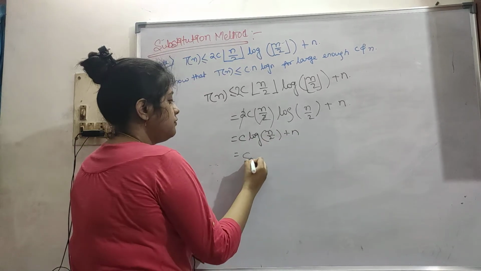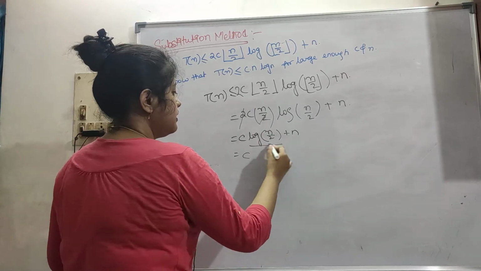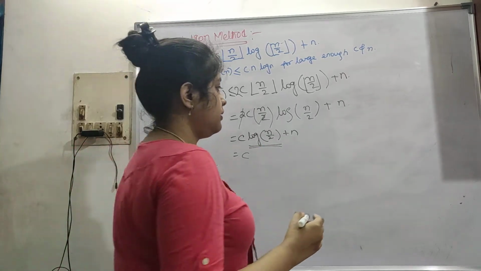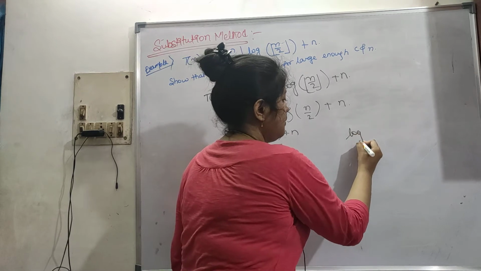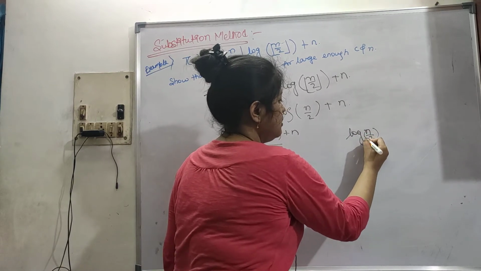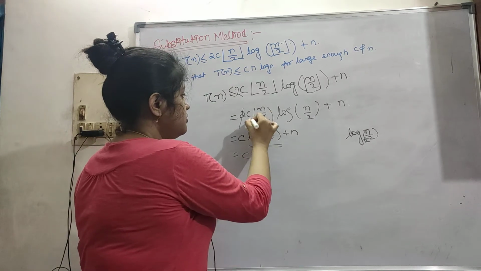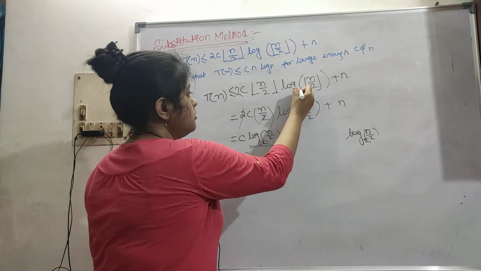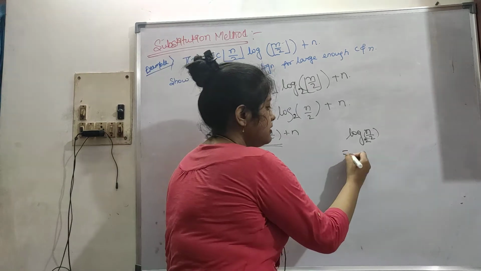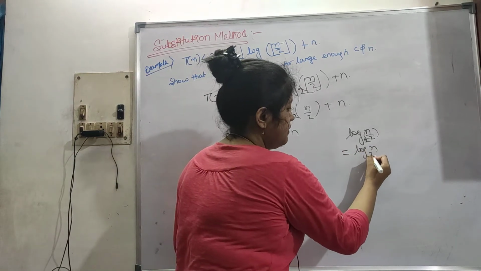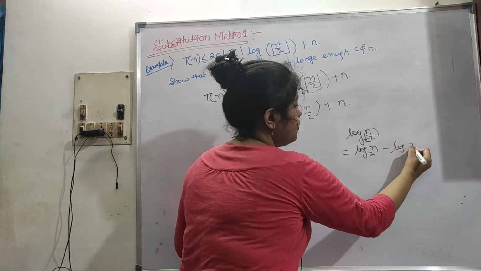So here look carefully: log of n by 2. The base will be 2; I haven't written it, but the base is always taken as 2. Now it can be written as log of n base 2 minus log of 2 base 2.